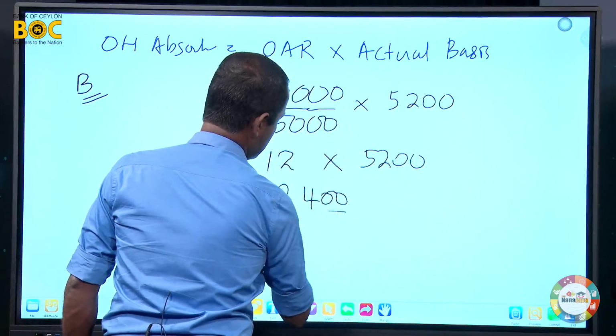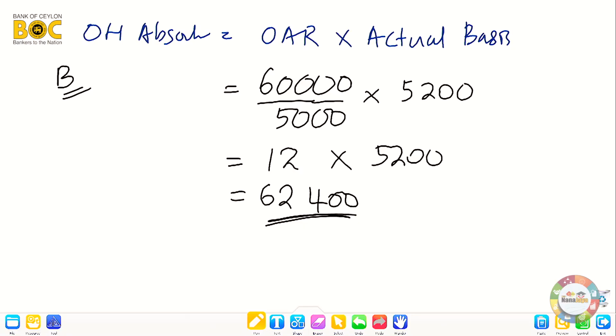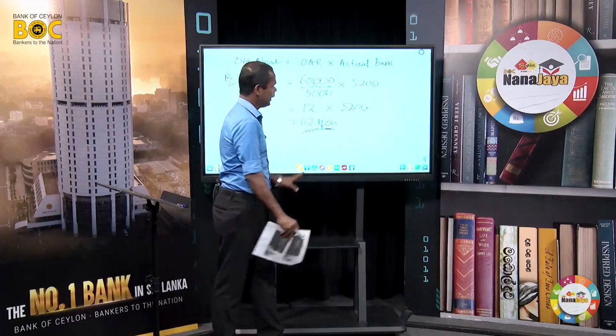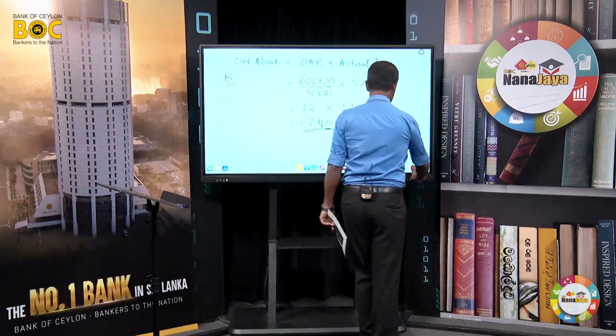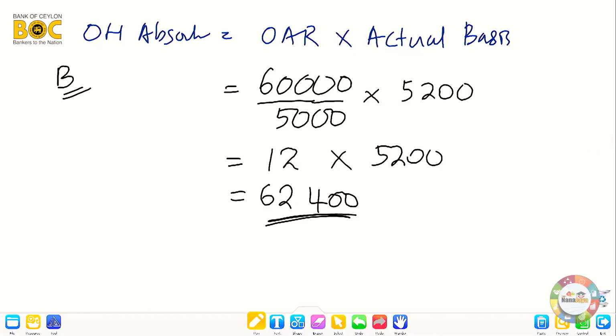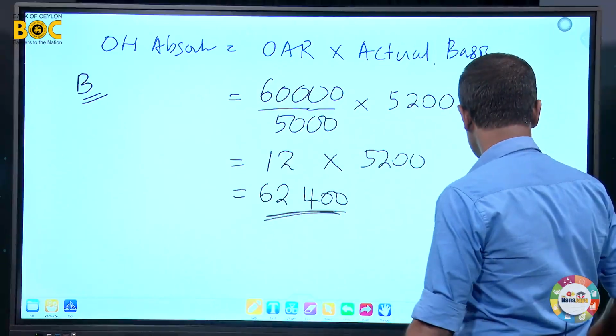62,400. What do you learn here? Overhead absorbed equals overhead absorption rate into actual basis. The actual basis here means labor hours. Absorption rate based on budgeted details into actual labor hours is 62,400.